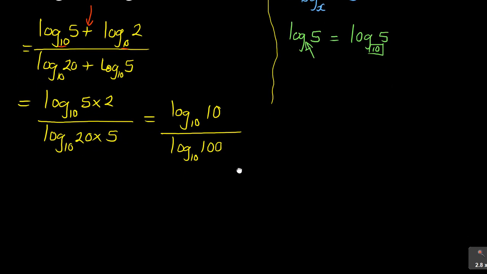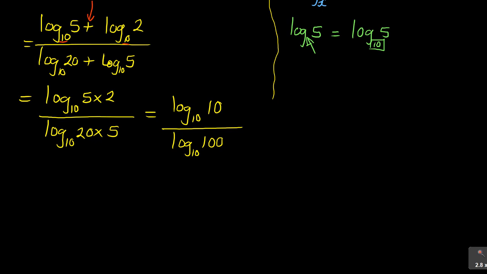Now the next thing is to know also another law. There is a law of logs which says, in this case, log base a of a: when the base and the number are the same, you get a 1. You can prove that with a calculator.